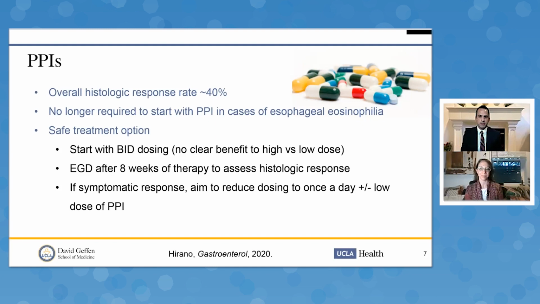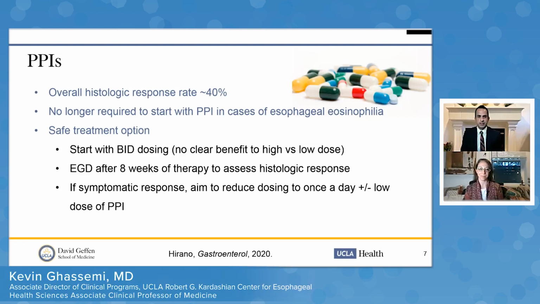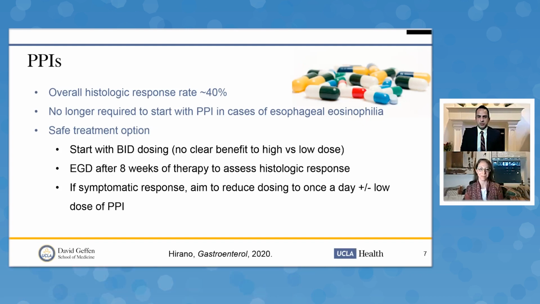And it was thought that it might be from a separate mechanism, that the PPIs might have an anti-inflammatory effect, even if they did not have reflux. So it then became the standard to treat patients with a PPI to see if they were what we would call PPI responsive esophageal eosinophilia patients.